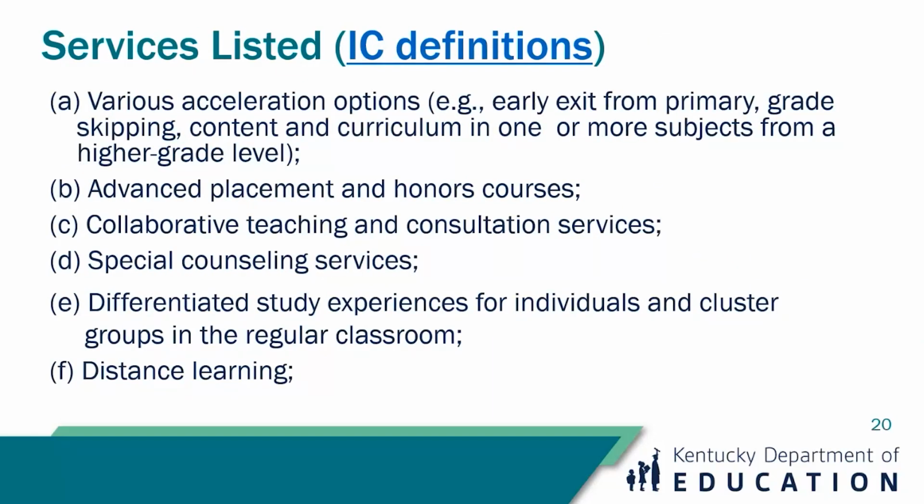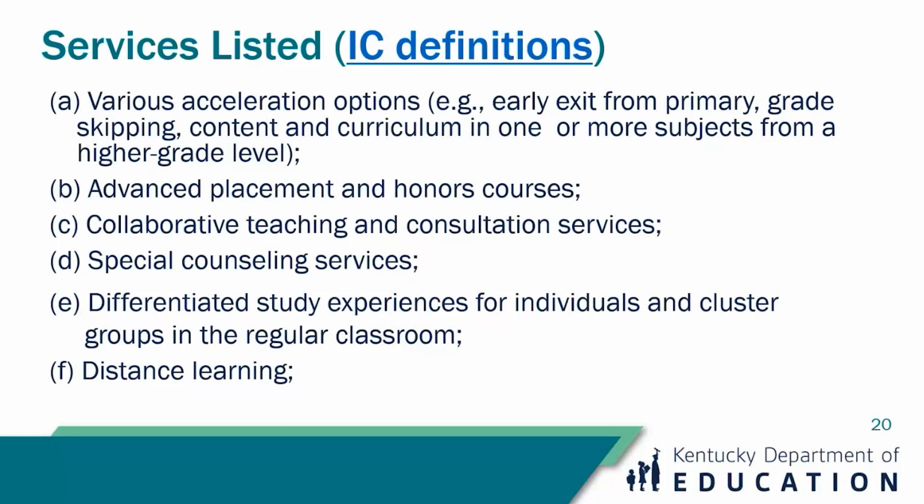On this slide, we see a list of services from the regulation that could be provided. Infinite Campus provides definitions for the service delivery options. And if you click on that link, it'll give definitions for all of the different services that you see listed on the slide there.